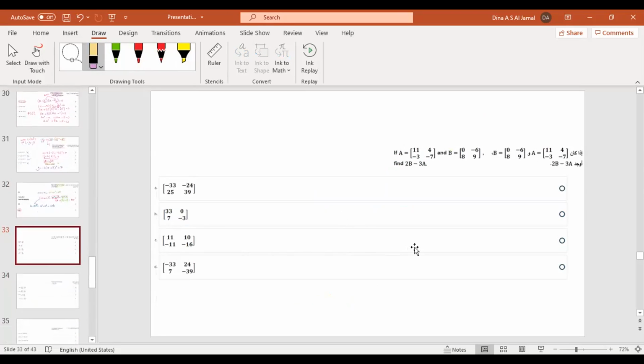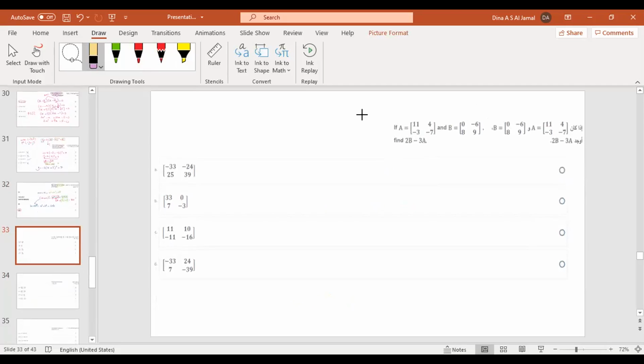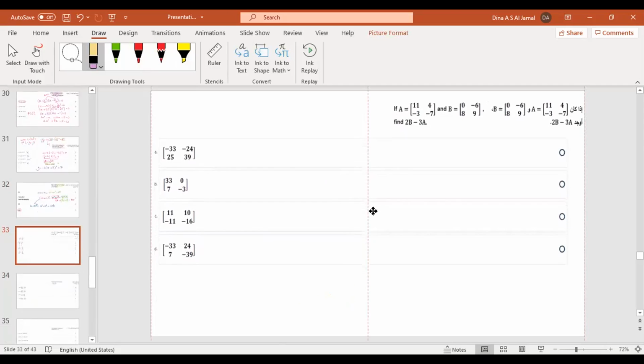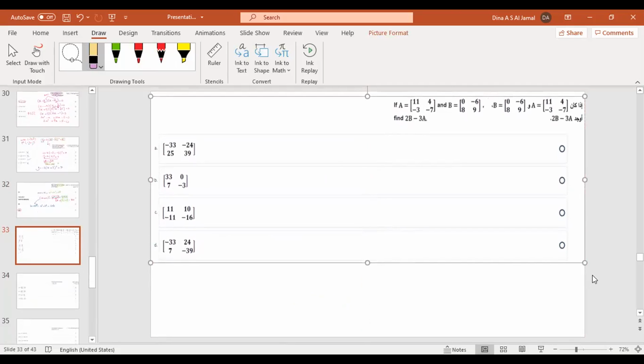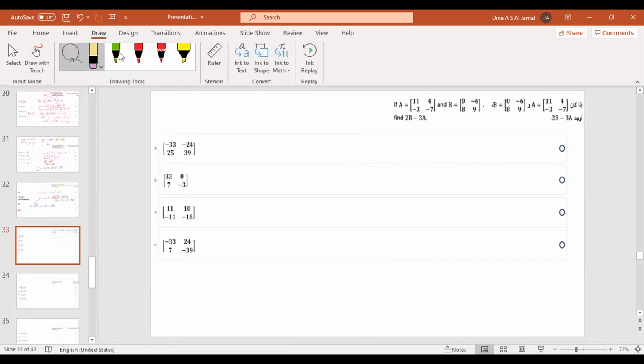So this question is all about matrices. Here we have matrix subtraction, and at the same time we have scalar multiplication. So you have matrix A and matrix B. He would like you to calculate 2B minus 3A. That means we should multiply matrix B by 2 first.